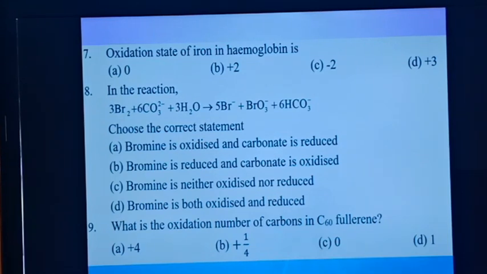In the atomic state, carbon charge is always 0. So the oxidation number of carbon in C60 fullerene is 0. It is a straightforward question. Option C, 0, is the correct option for question number 9.